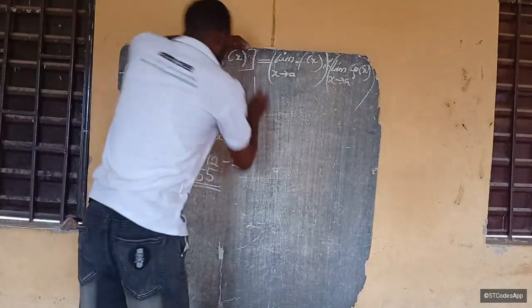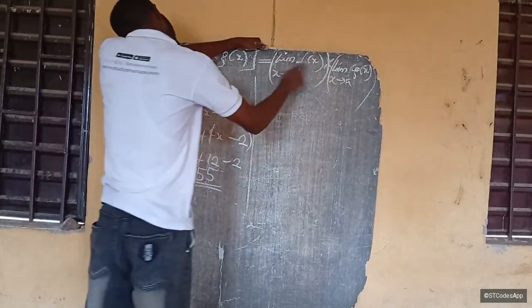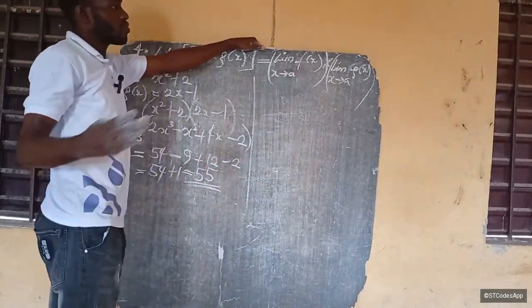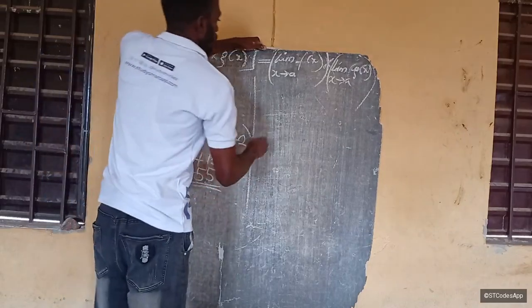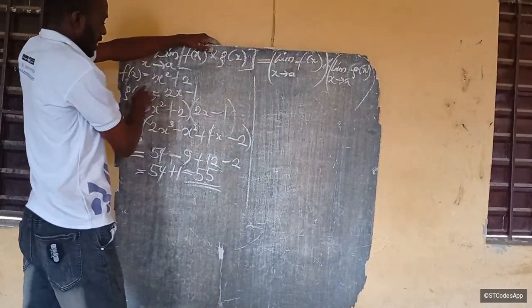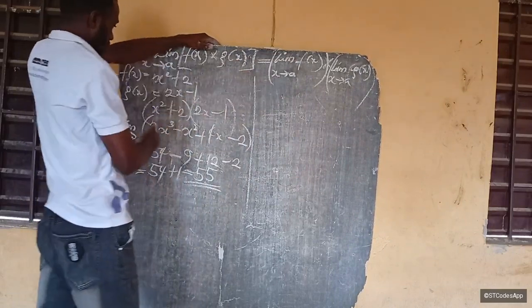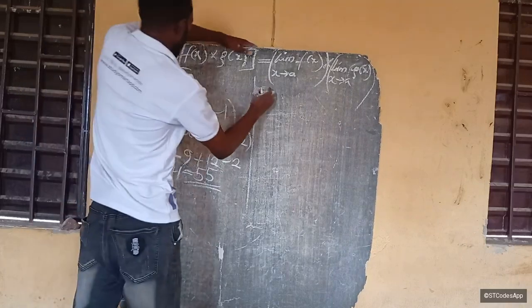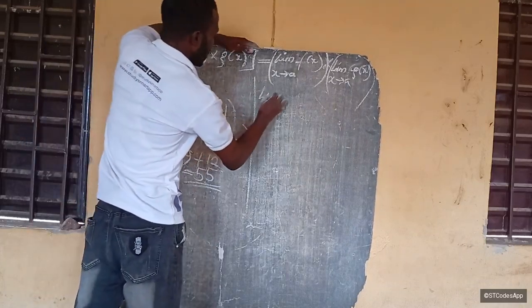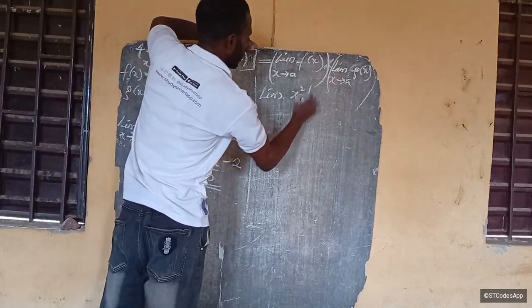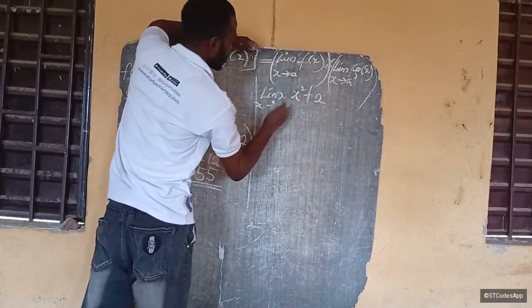Alright, let's see if that will be the case with the limit of the individual functions, by the time we multiply the limits of the individual functions. So the limit of f of x as x approaches 3 will be the limit of x squared plus 2 as x approaches 3.